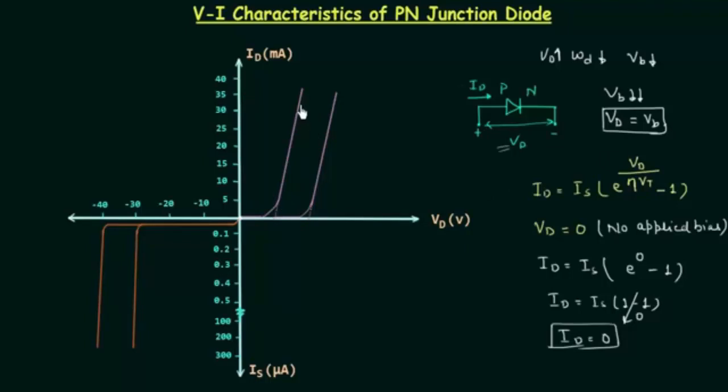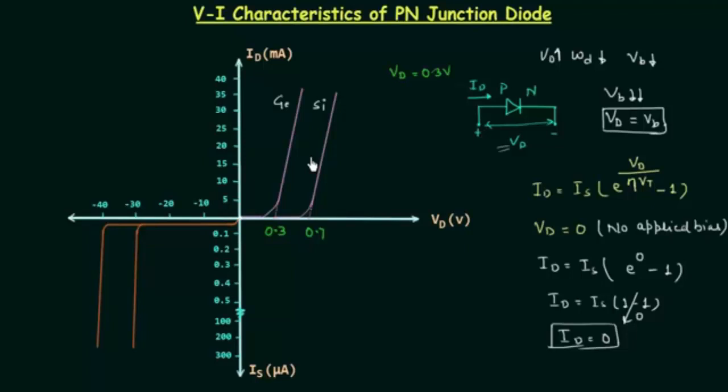This is the plot of germanium and this is the plot for silicon, and in case of germanium, barrier potential is 0.3 volts, and in case of silicon, barrier potential is 0.7 volts.